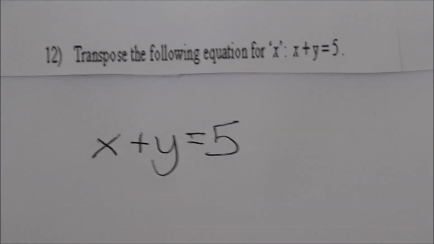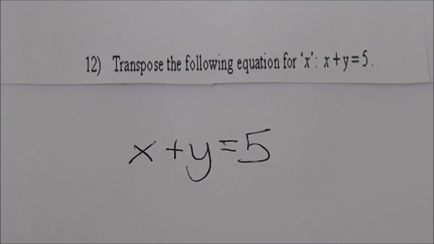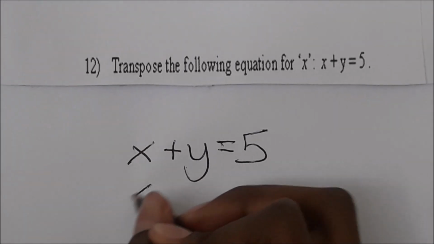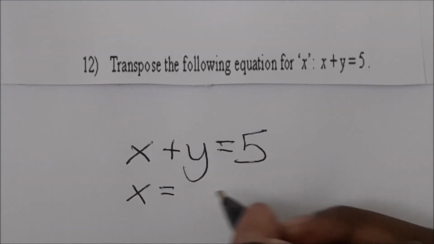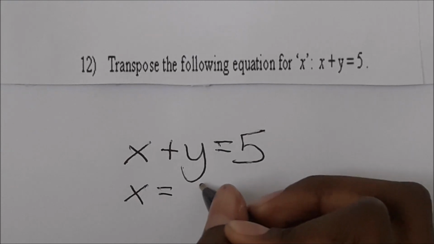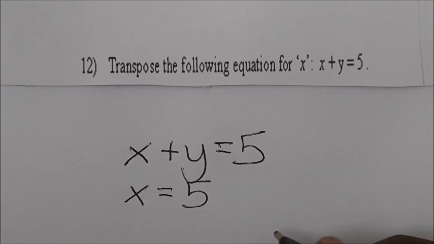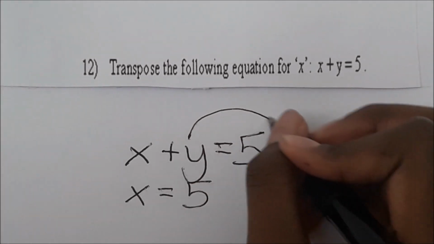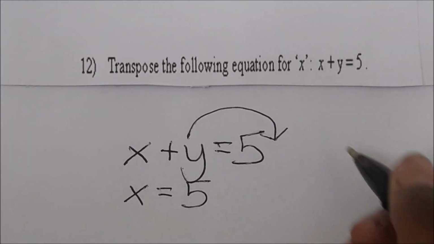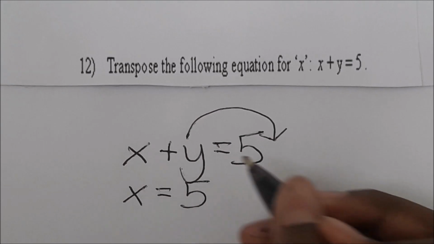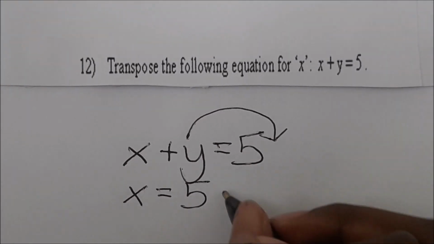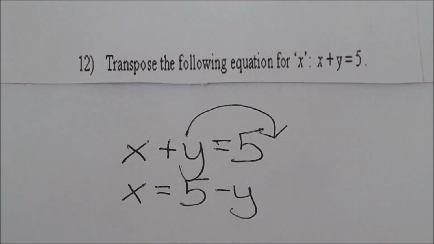Now we want x at the front, so put x is equal to, under the x is equal to 5, put the 5 at the back, write the 5, and where would the y go? At the back. Right, back of the 5. And what happens when you move it? You change the sign, then it becomes negative y. 5 minus y. And that's it.